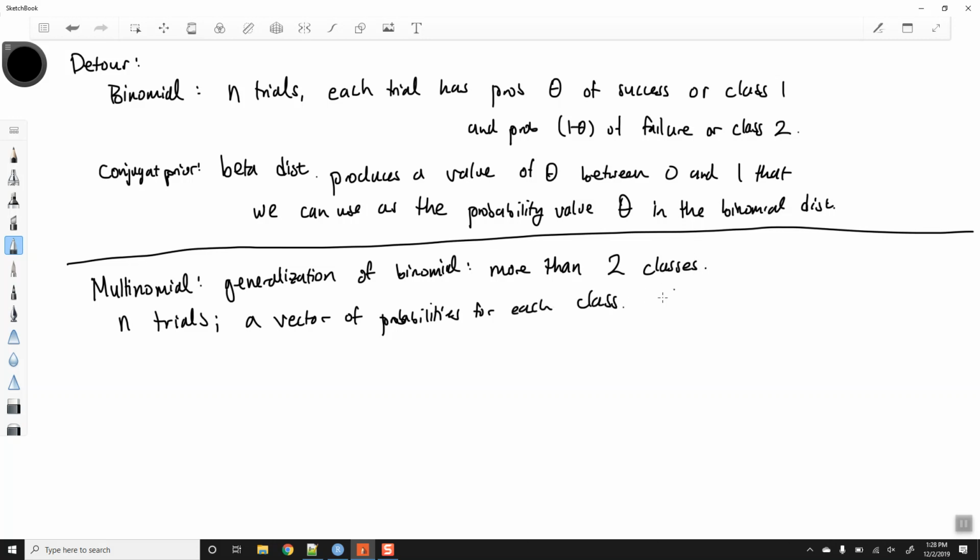Let's say theta is going to be a vector, theta 1, theta 2, theta 3, theta 4 if we have 4 classes, where the sum of the theta i's will be 1.